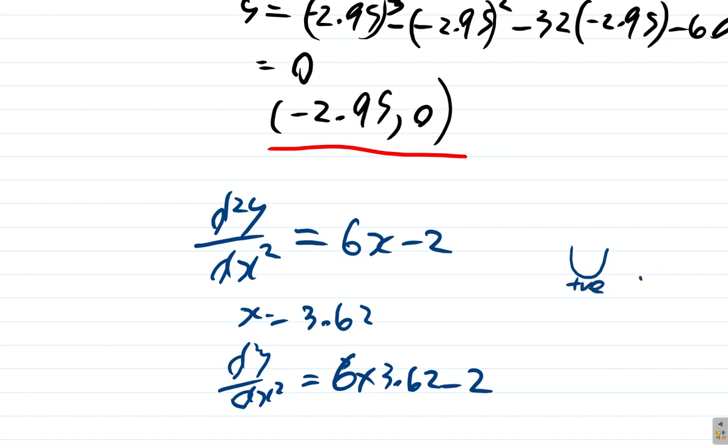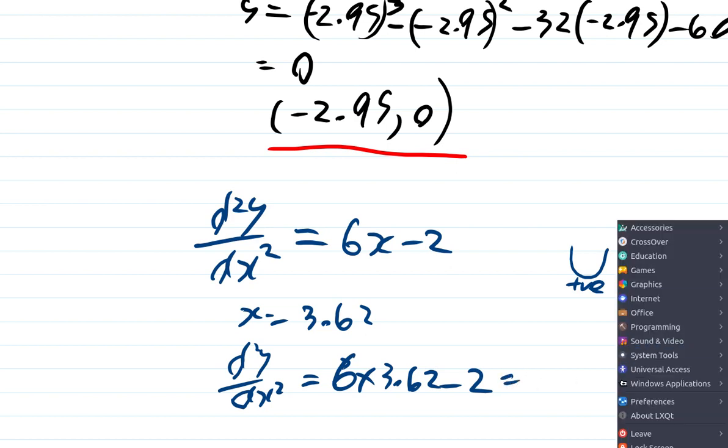If it gives a negative value, you're looking at a maximum point. What does this give? Well, you don't even have to complete the calculation. You can see this will be positive. But let's complete the calculation just the same.